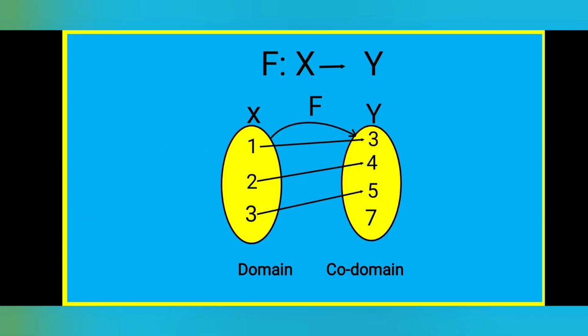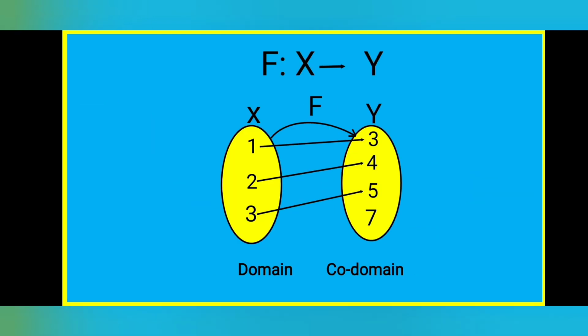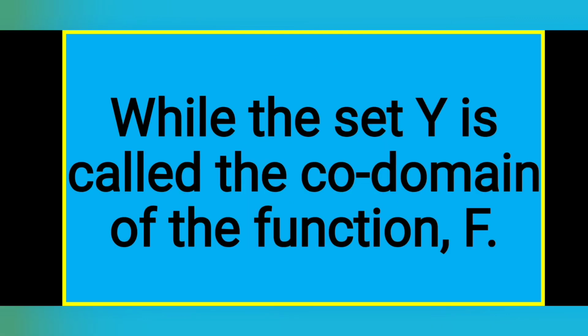Now let's look at this diagram. In this diagram, we can clearly see two sets X and Y, and the function f is a mapping of X into Y. The set X is called the domain of the function. We can see it from this diagram, while the set Y is called the codomain of the function.